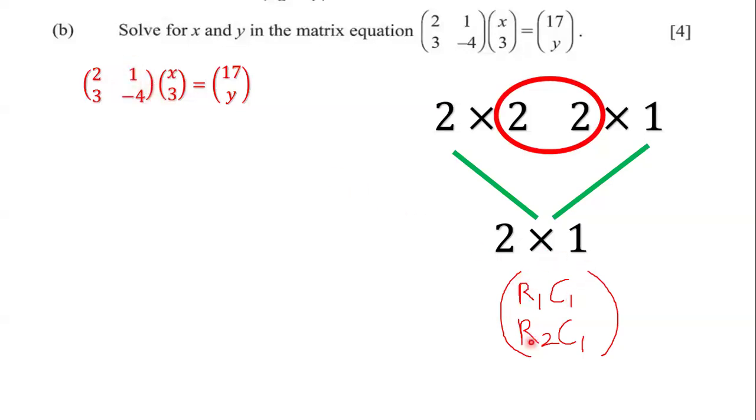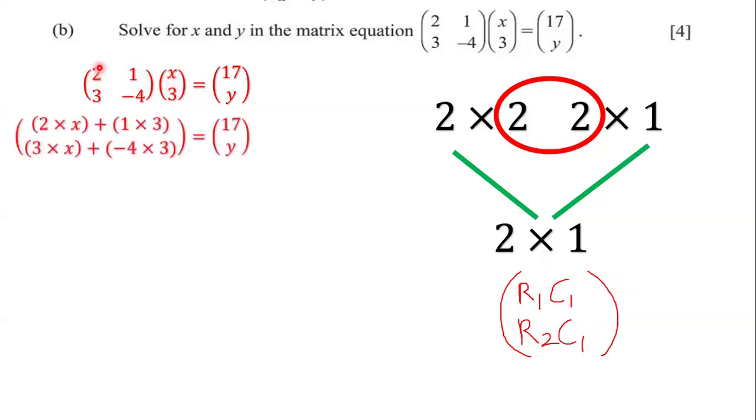Now we're going to use this as our formula. So row 1, column 1. We're going to take row 1 multiplied by column 1. And so we have 2 times x, then we have -1 times 3. So that's row 1, column 1.